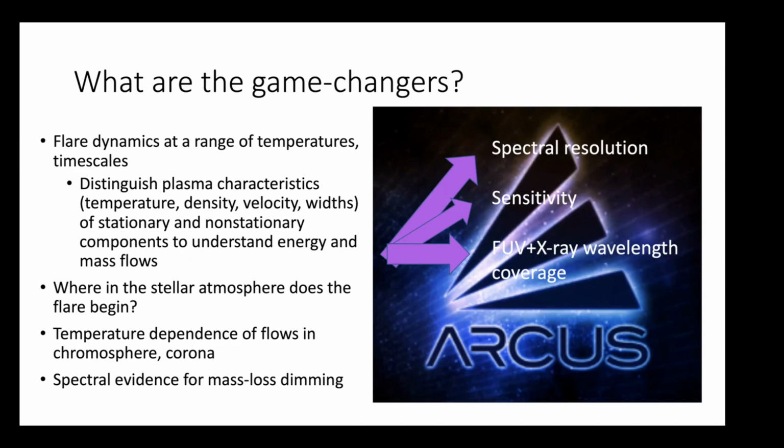If you have an event where there's coronal heating taking place, energy release that is somehow bypassing the transition region, that provides very interesting constraints on how the energy is getting from, we assume, the chromosphere up to the transition region, but maybe there's height dependence to where the chromospheric evaporation is starting from. So when you're talking about flares, you have to have simultaneity in different wavelength regions. Otherwise, you cannot connect the dynamics of what you're seeing in one wavelength region with what's happening in another wavelength region. There's not really any other way around it.